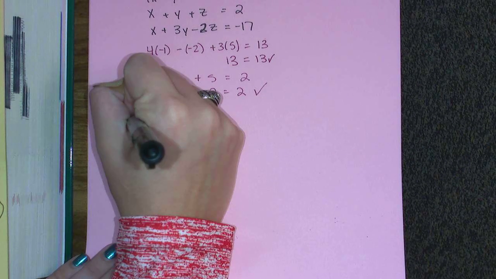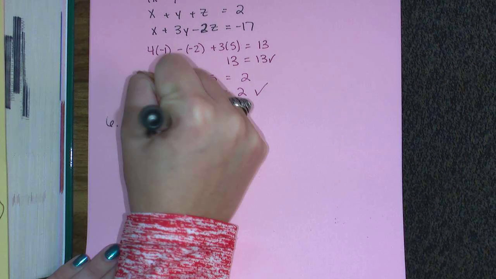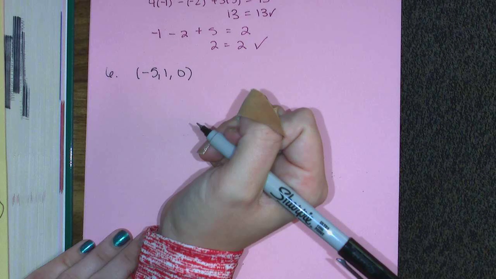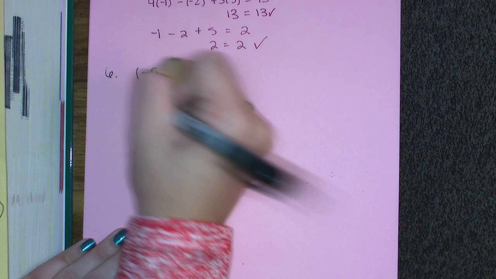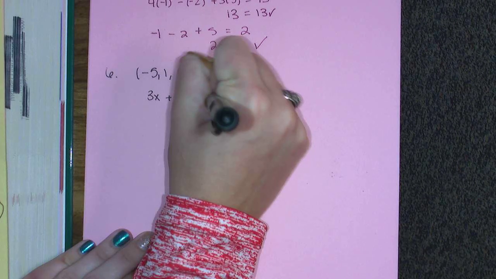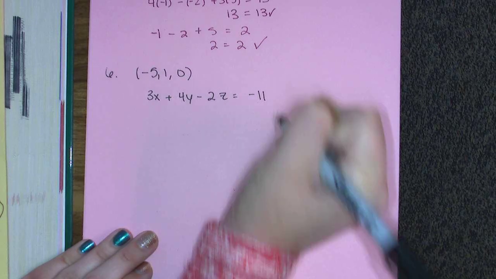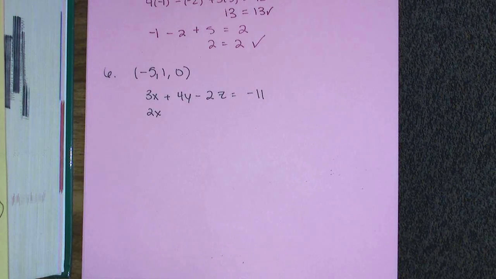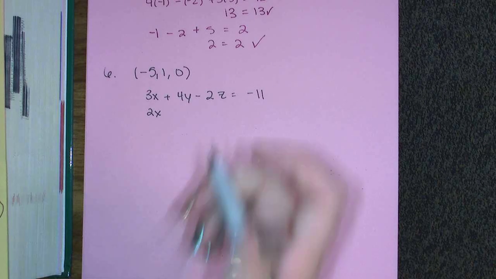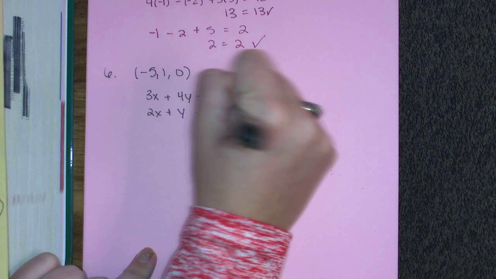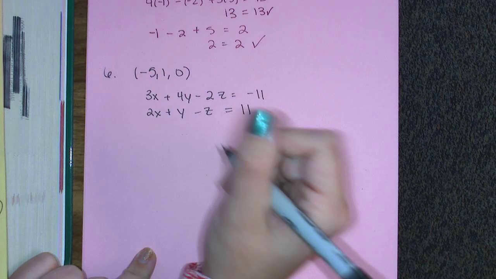All right, so this one we have the point -5, 1, 0. Then we have the equations 3x plus 4y minus 2z is equal to -11. 2x plus y minus z is equal to 11.